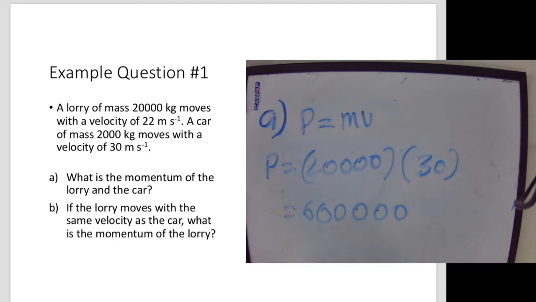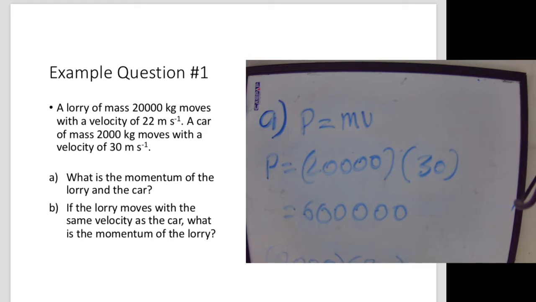And you notice that the momentum of the lorry is much higher compared to the car, right? The car just now was 2,000 times 30. How much was the car? 60,000.